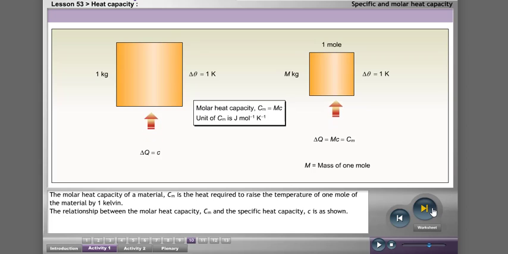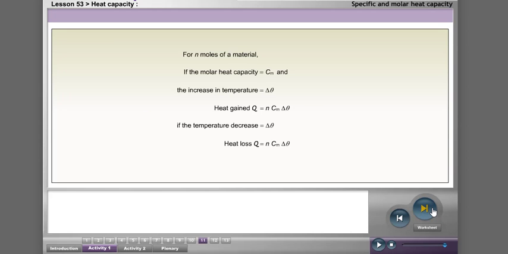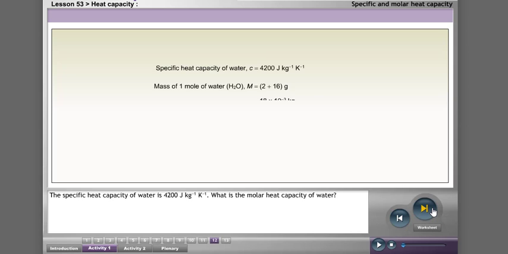The relationship between the molar heat capacity Cm and the specific heat capacity c is as shown. The specific heat capacity of water is 4,200 joule per kilogram per Kelvin. What is the molar heat capacity of water?